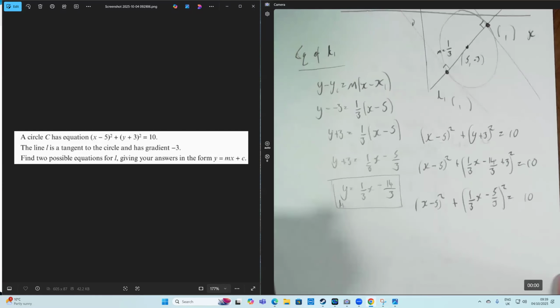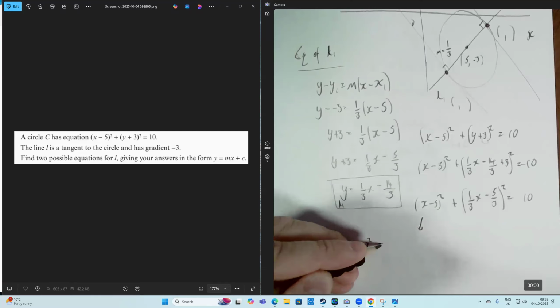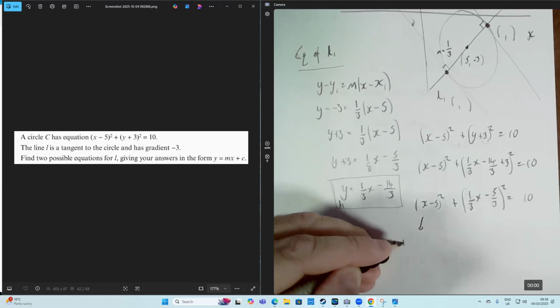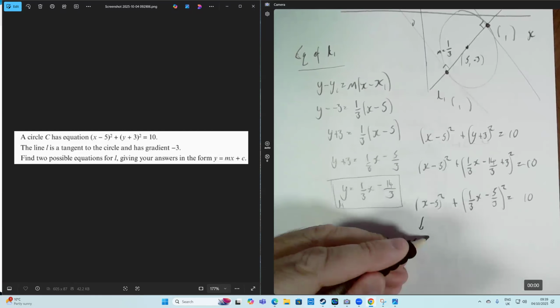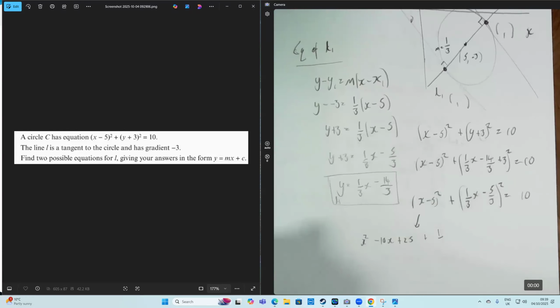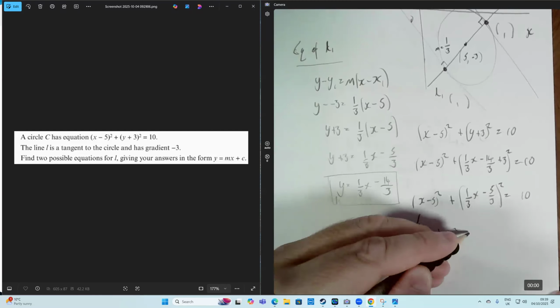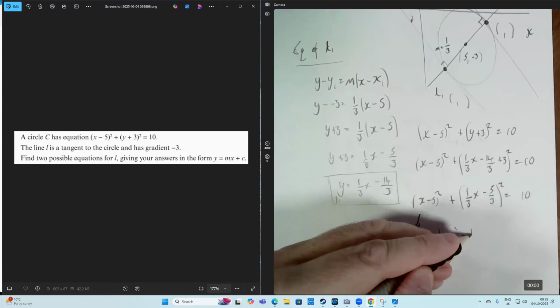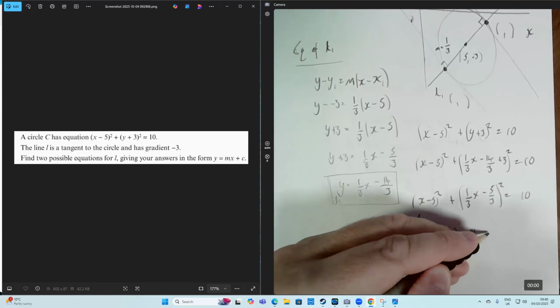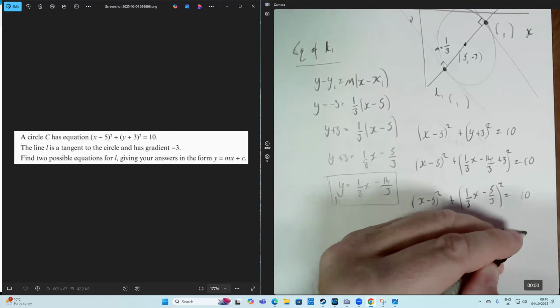And now we can expand this whole thing. That gives us x² − 10x + 25 plus 1/9 x² − 5/9 x − 5/9 x, which is −10/9 x, plus 25/9, equals 10.